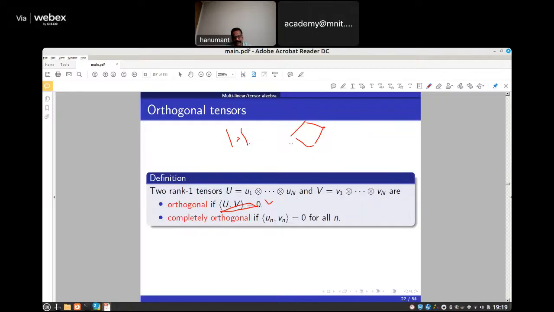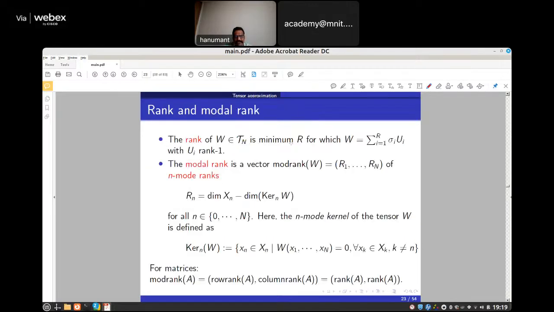If each dimension is orthogonal to every other dimension, it is called completely orthogonal. Let's not worry about this. There is also a rank issue here, and I will not explain this one.